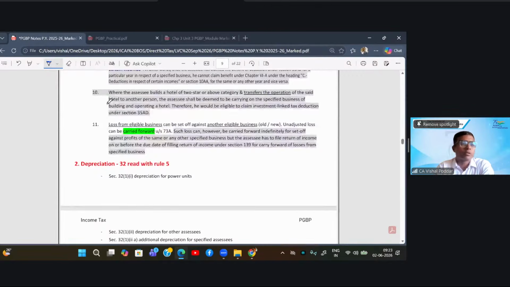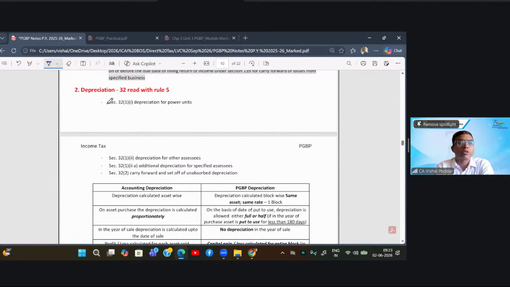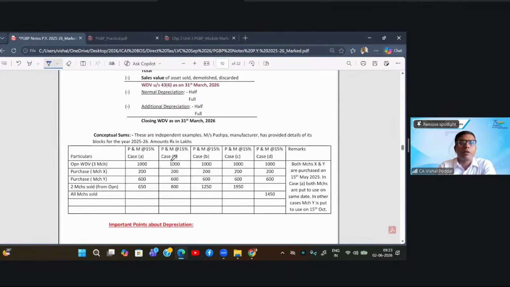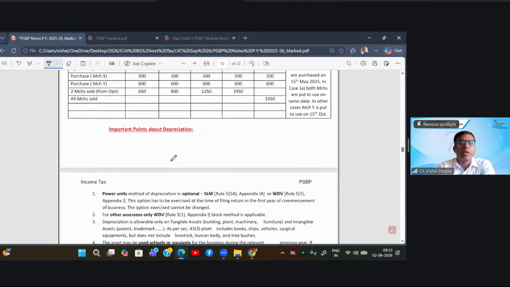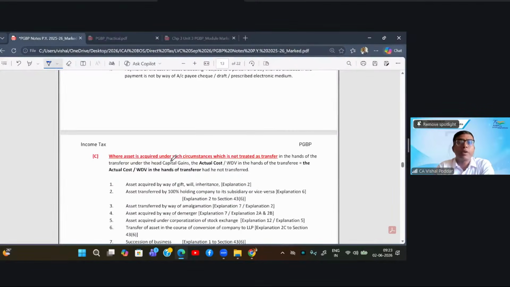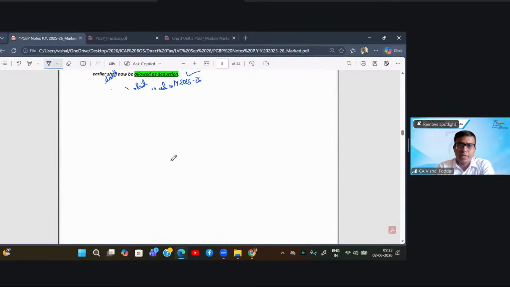Then most important, section 32, which deals with calculation of depreciation under the income tax provisions read with rule 5 of the income tax rules. So what is now to be done in the further lectures is specific sections, right?